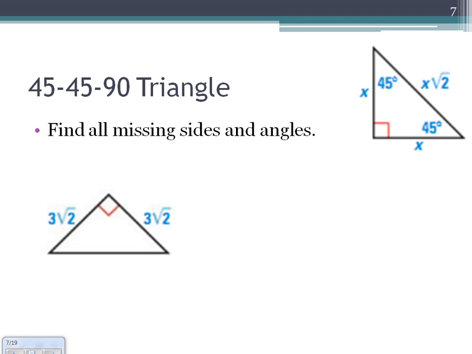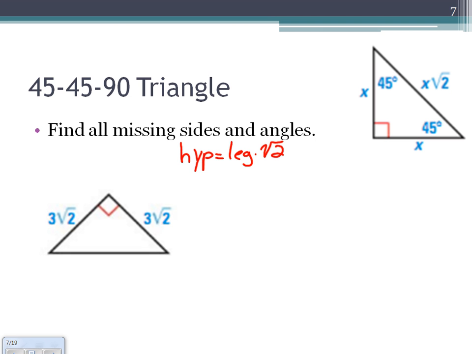Alright. You guys should all be able to set this up at this point. What is my formula, Evelyn, that I need to use for these triangles? Maria, up here, please.